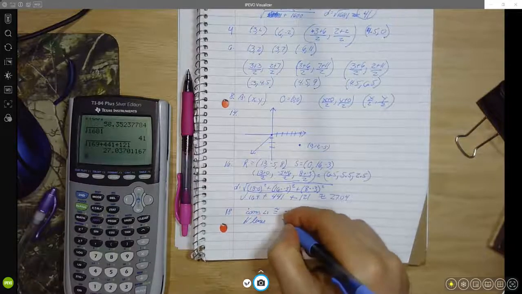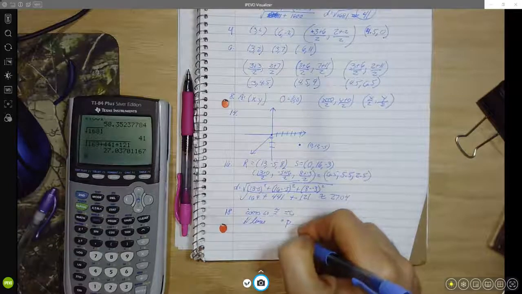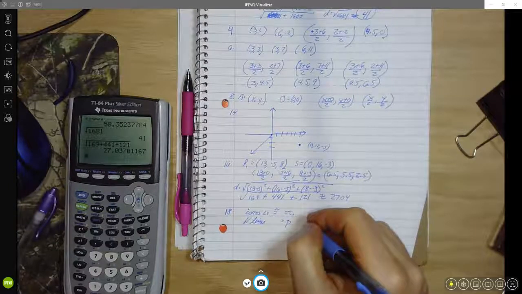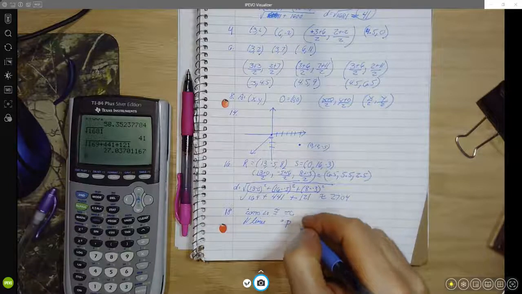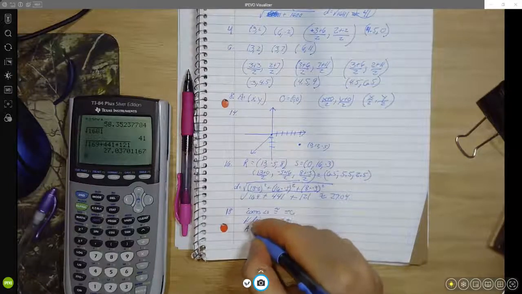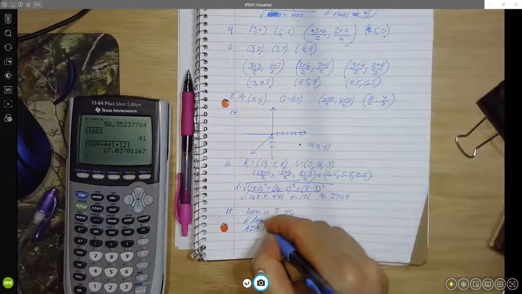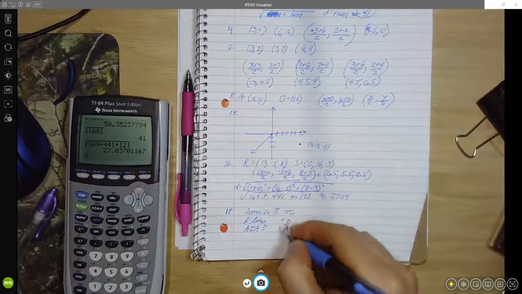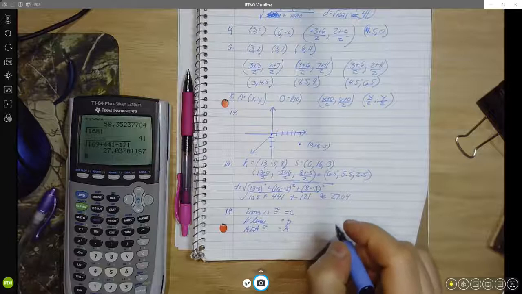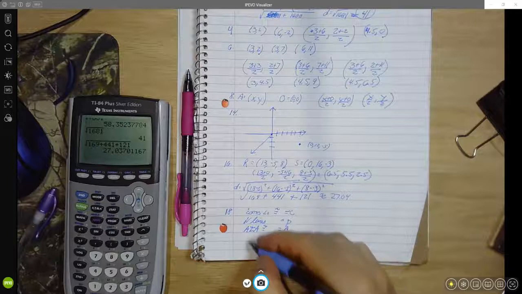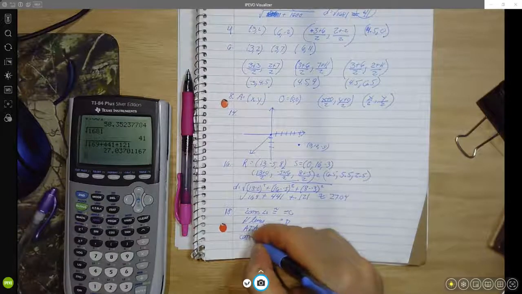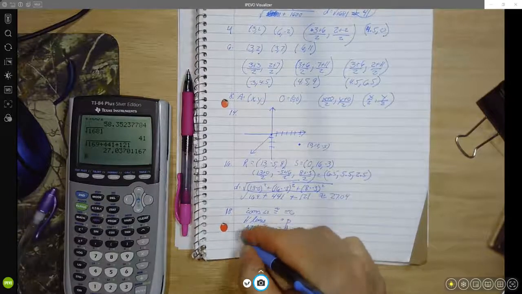We'll call that statement P. And then you have, if alternate interior angles formed by a transversal are congruent, so you've got alternate interior angles congruent. We'll call that statement A. And then you have, so are corresponding angles. In other words, corresponding angles are congruent. Oh, we already have that.